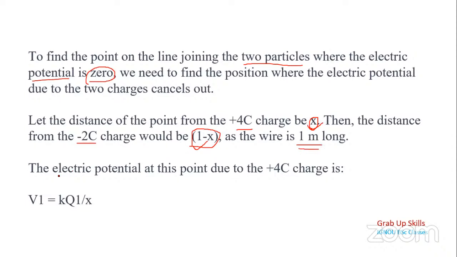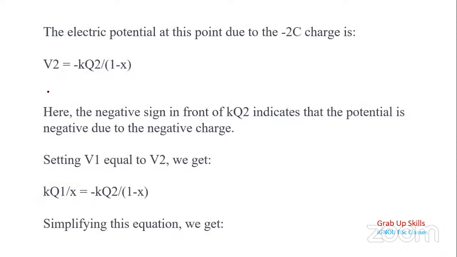Now, the electric potential at this point due to the plus 4C charge will be V1 equal to kQ1 divided by x. The electric potential at the point due to the minus 2C charge would be minus kQ2 divided by 1 minus x, since here it is not x but 1 minus x.